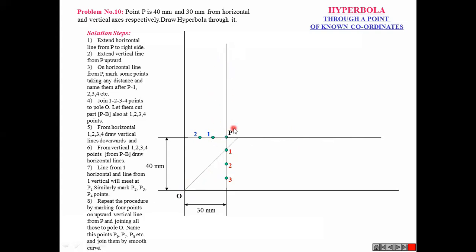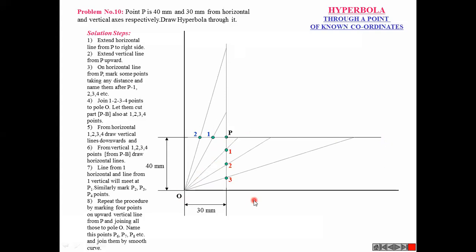Don't get confused if some words are repeated. Whenever you find it confusing, just go a few minutes backward and realign everything. We will draw lines from the origin to points 1, 2, 3 up to this horizontal line, and from 1, 2 up to this vertical line, like this.